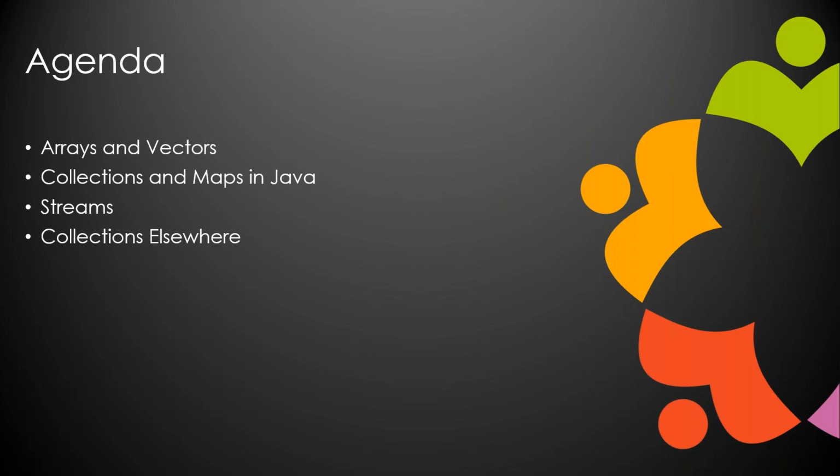For those who haven't dived deeply into Java 8, one of the big things that Java 8 added was streams. They are extremely useful, extremely powerful, but also slightly confusing. So hopefully I'll demystify some of that. And then looking at collections beyond Java.